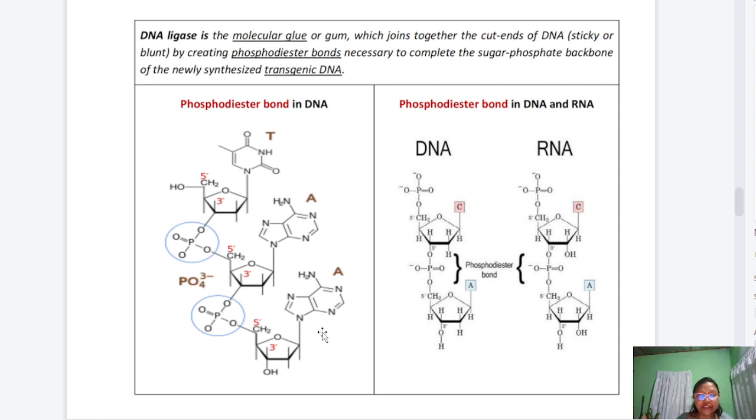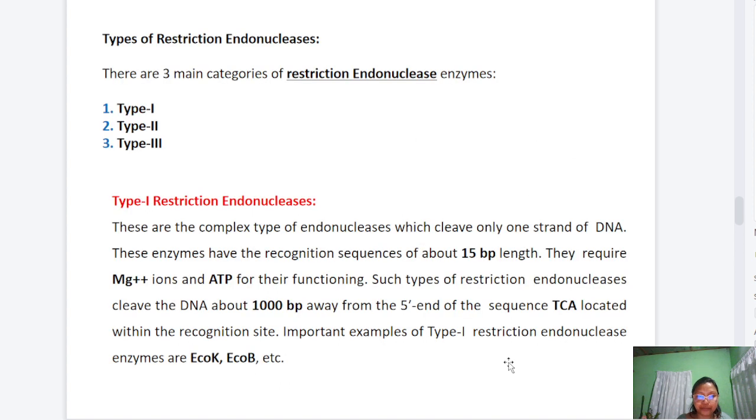Here you can see the blue circle is the phosphodiester bond, and this phosphodiester bond is created by DNA ligase even if there is a fragment. This topic we will discuss in the next session.